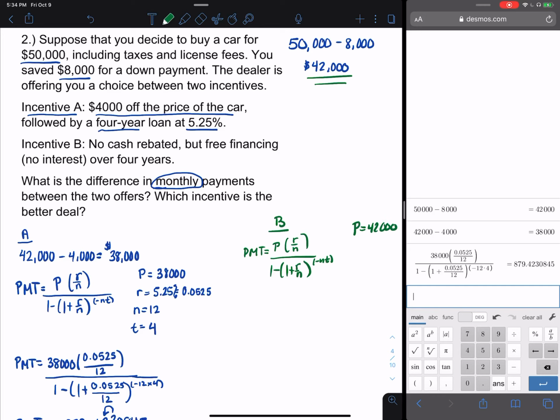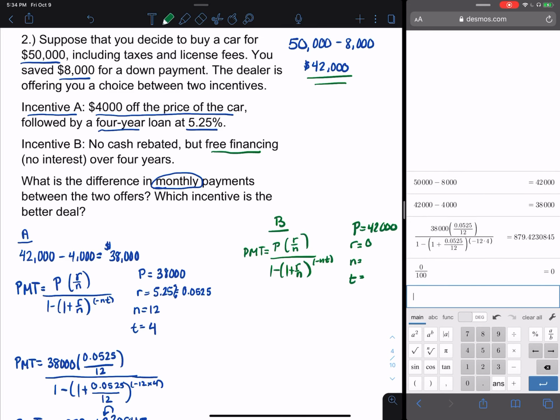Now they tell us that it's free financing, which means no interest. So that tells us that the interest rate is 0%. And when we divide 0 by 100, we still end up with 0. We're still making monthly payments, and it's over 4 years.